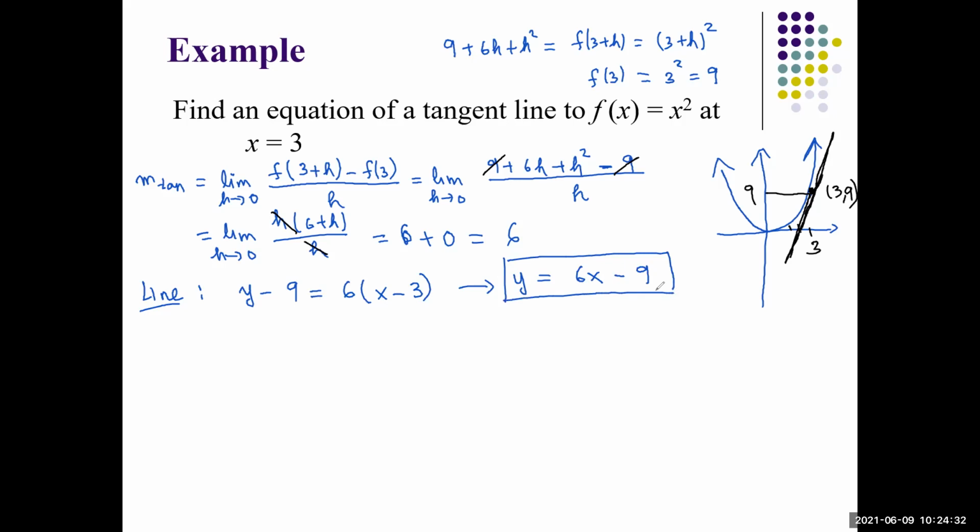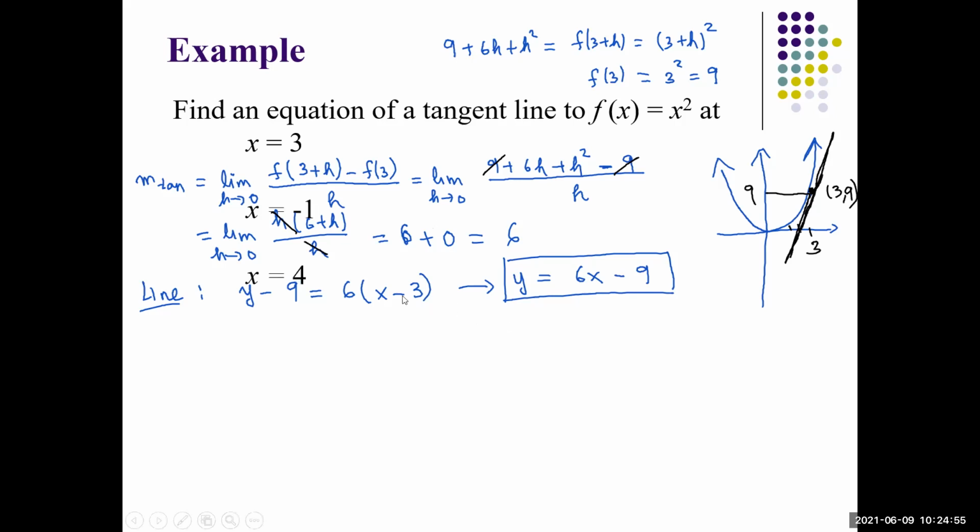Okay. Now, one thing you notice is that in finding the slope of the tangent line, we're using this formula, right? And then we find the limit by simplifying and canceling common factors before we do the direct substitution. Okay.